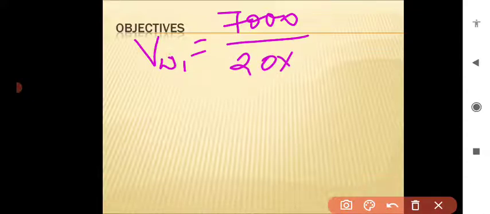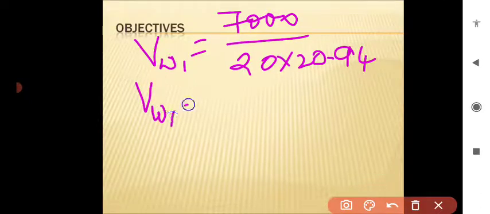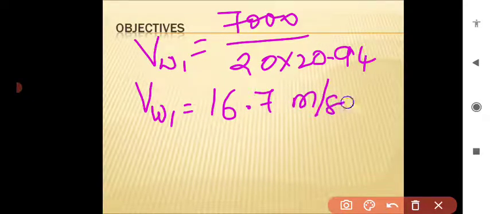Vw1 is equal to 7000 by 20 into 20.94, you will get Vw1 is equal to 16.7 meter per second, right? This is the whirl velocity at inlet.